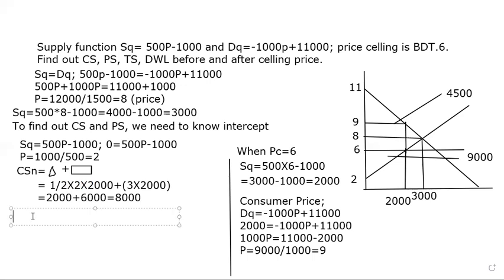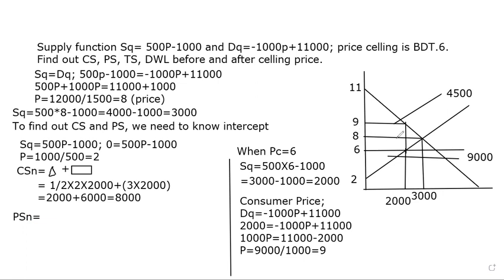Now, what will be your new producer surplus? New. Right now, the same way you can put delta below here. You can directly write a formula here. So we're putting below here delta, you can just put value here, just difference.